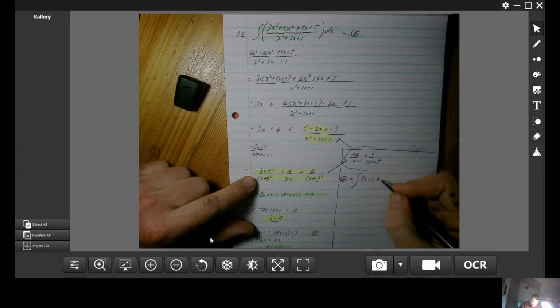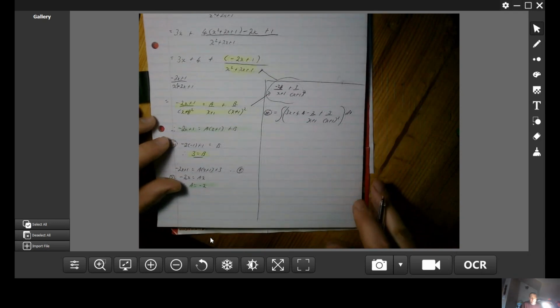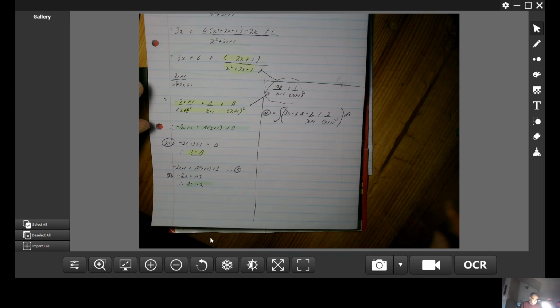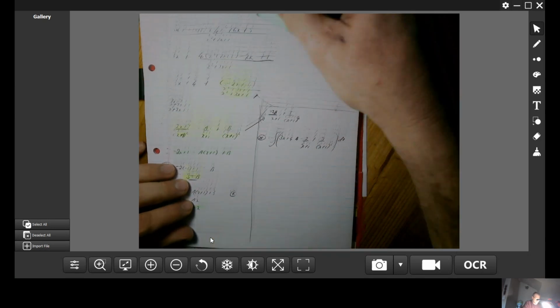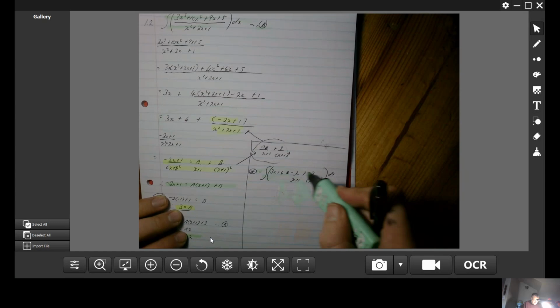So it'll be minus 2 over x plus 1 plus 3 over x plus 1 squared. Okay, so I've got 3x plus 4 minus 2 over x plus 1 plus 3 over x plus 1 squared. That's what the whole original sum has become.